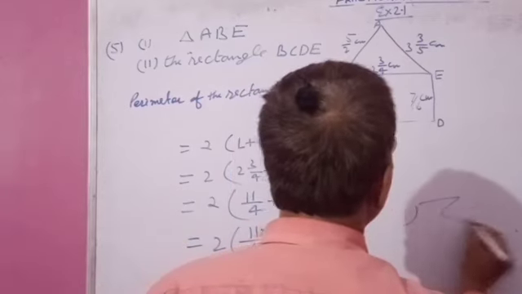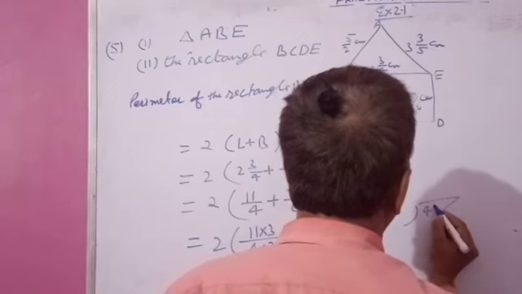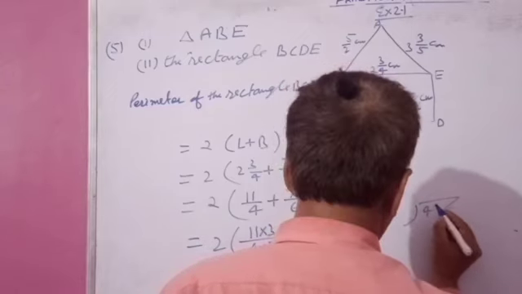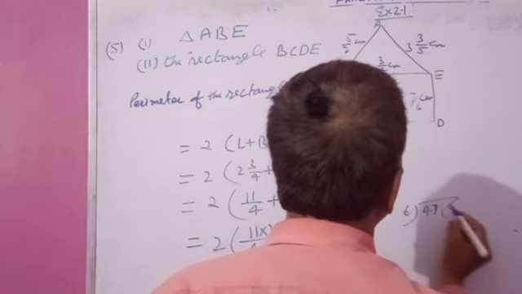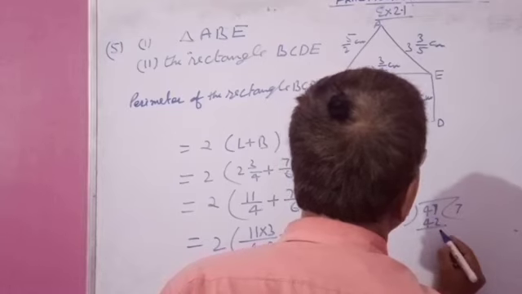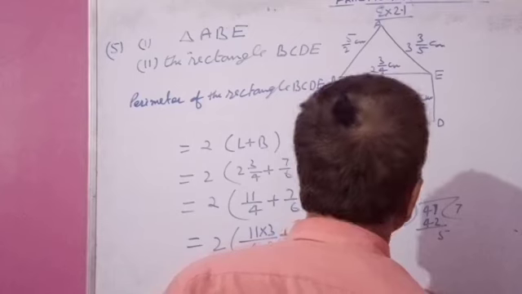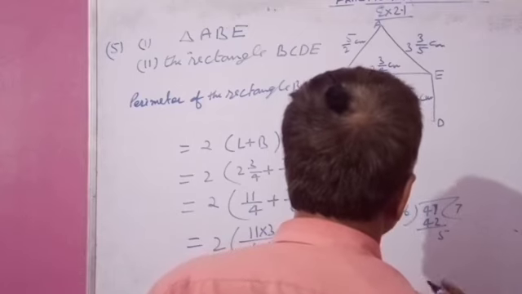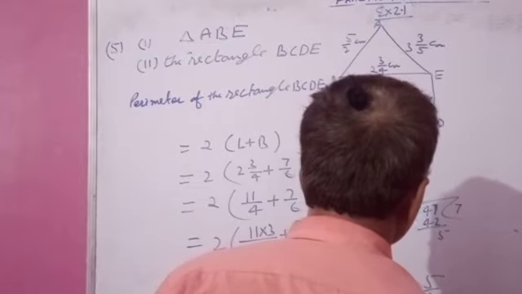Now if you change 47 upon 6 into a mixed fraction, it is 7 whole 5 upon 6.